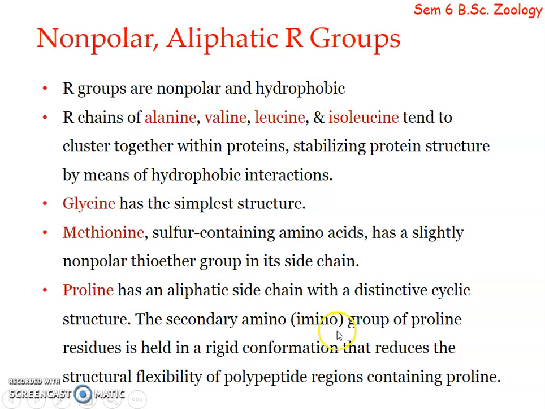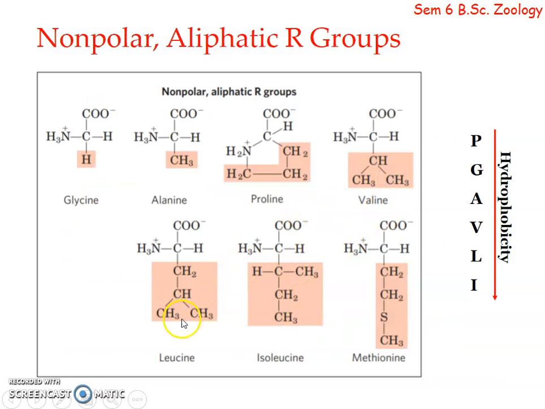Okay, you can see it is the imino group of proline. Instead of NH3 plus, it is having NH2 plus, isn't it? So this forms an imino group. Okay, proline is usually found in those parts of the proteins where there is a bend.